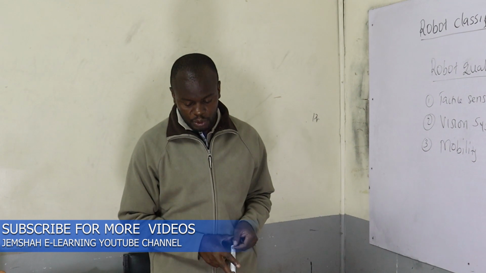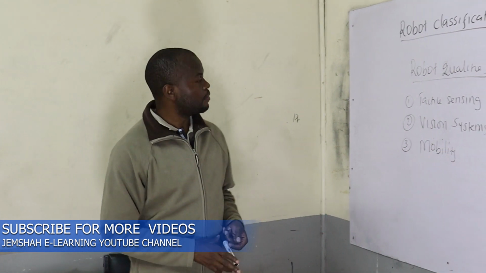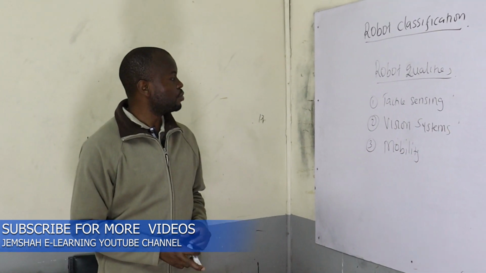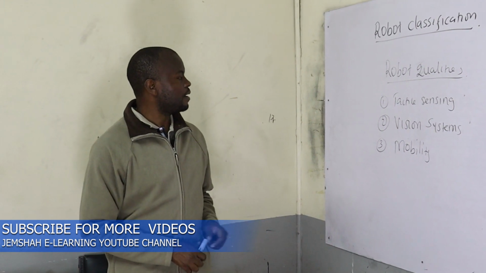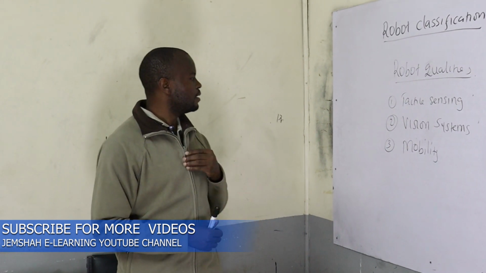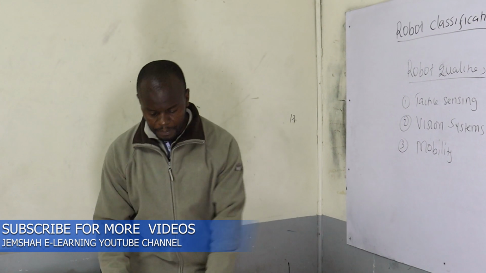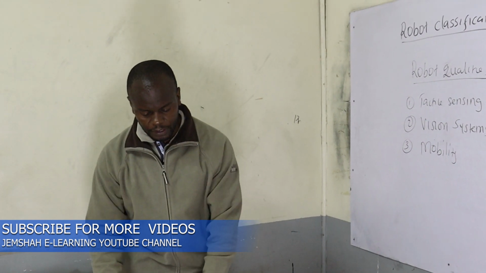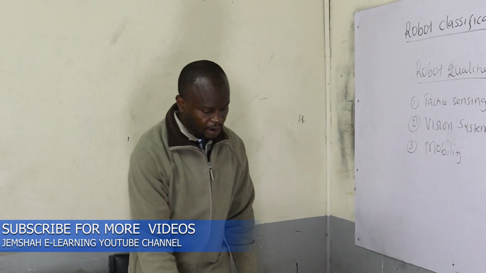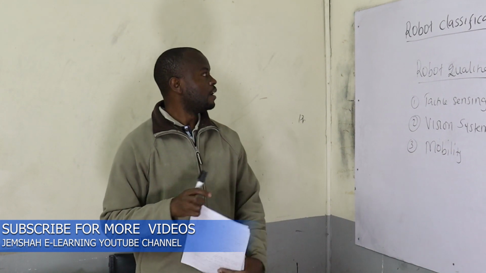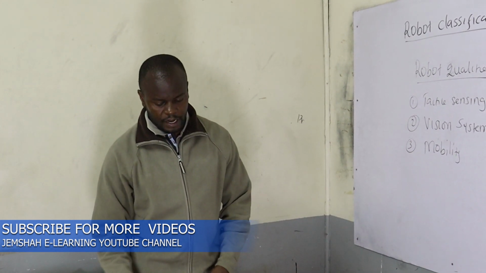Another quality is total self-diagnostic fault tracing, so it is supposed to be in a position to internally check for a fault and maybe trace the fault. So that is all as far as the robot qualities are concerned.